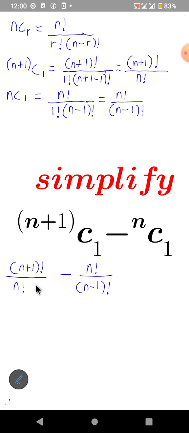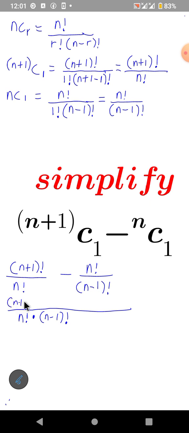Now the next thing, I'm going to draw my line. Now my LCM is n factorial multiplied by n minus 1 factorial.